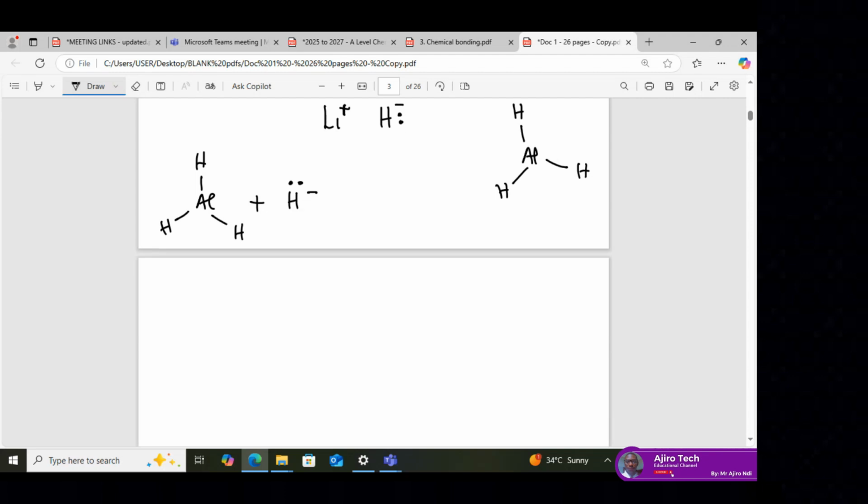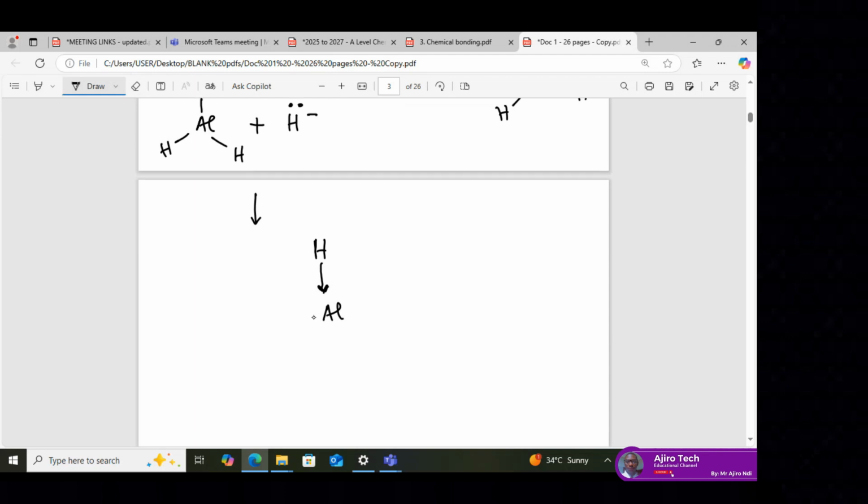What will it give us? It is H that donates to aluminum now. Is that okay? Unlike the other one, where ammonia donates to H, this H is the one that donates now, to aluminum, which is not complete. That's the only difference between them.